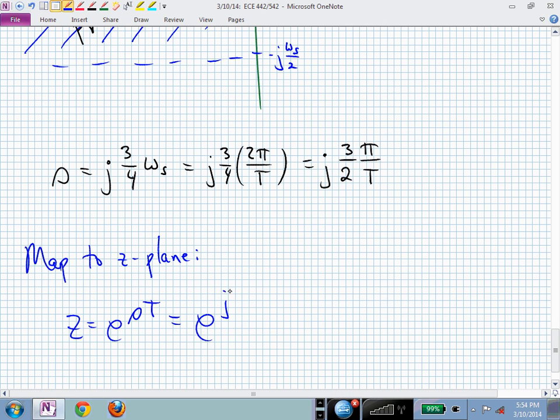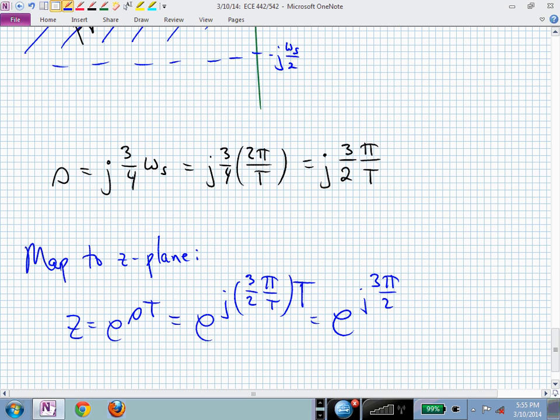That's now this j 3/2 pi over T. Well, that's now e to the j, forgot my T, this in parentheses was s. Then I hit it with T. The T's cancel, and now my z gets mapped to a point, e to the j 3 pi over 2.